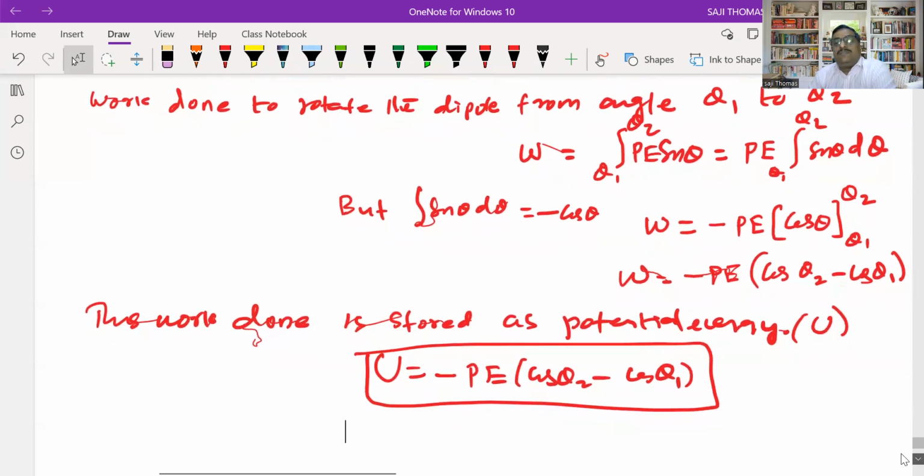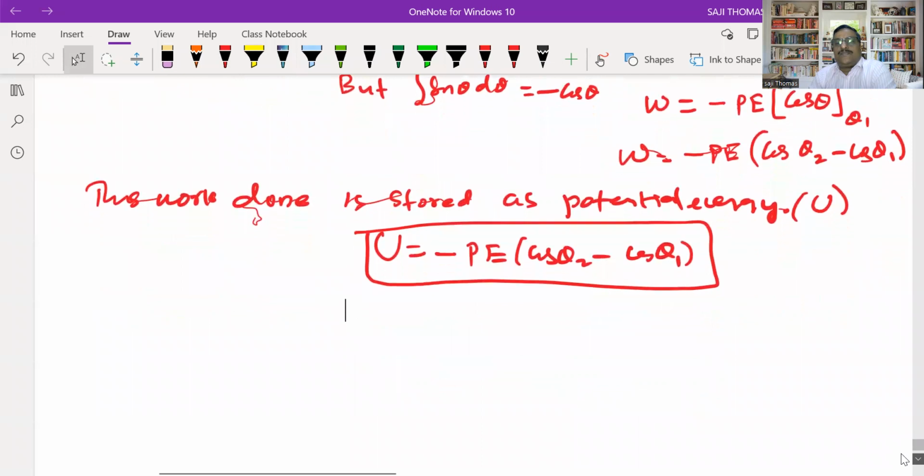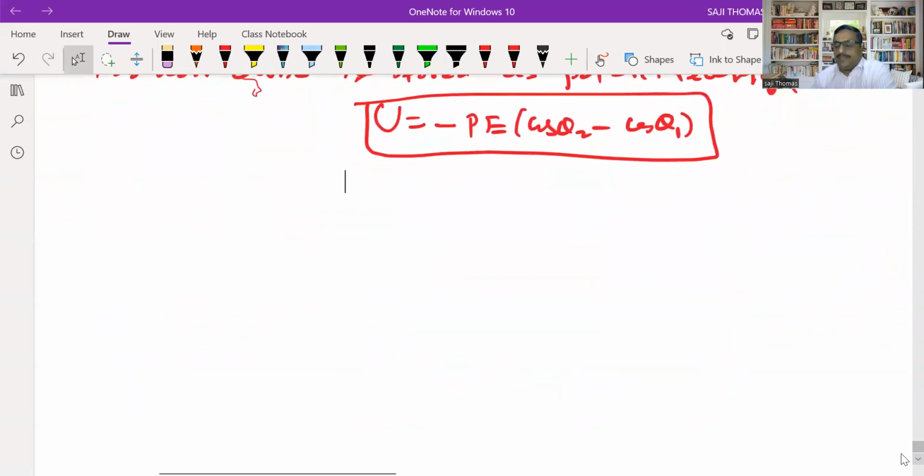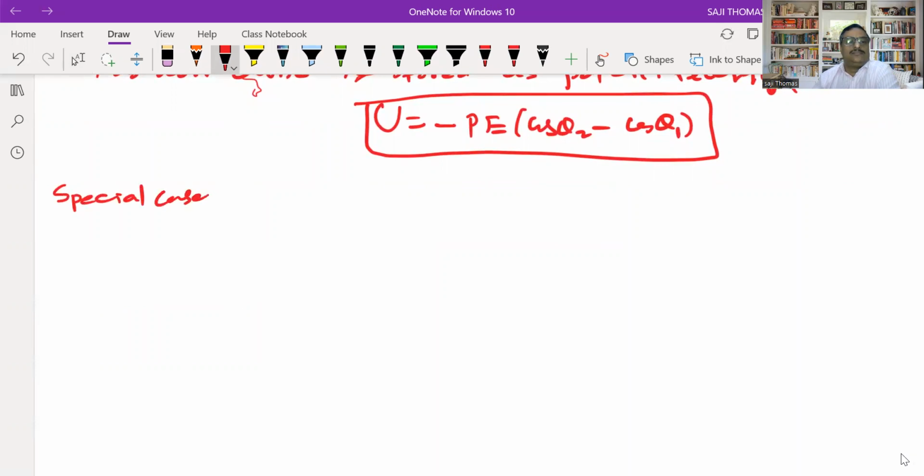Now we can discuss some special cases. First one, if theta 1 is 90 degree, initially the dipole was perpendicular, then torque will be maximum, right?